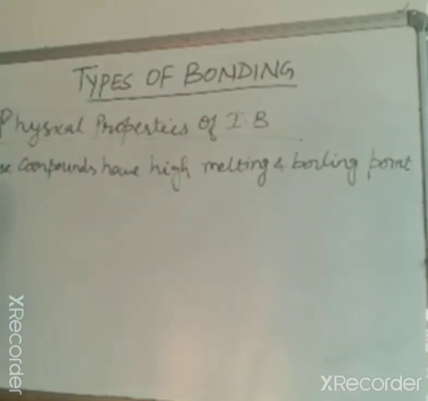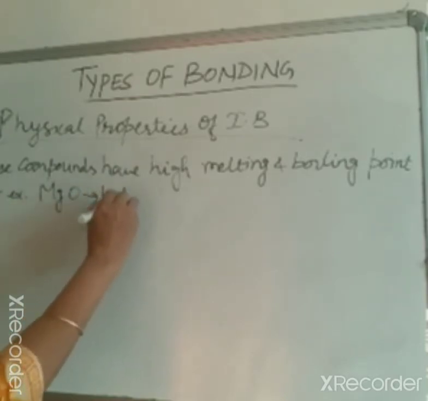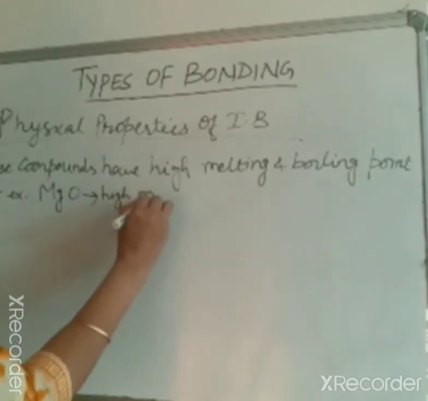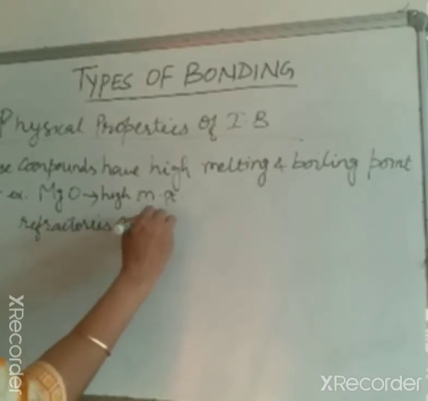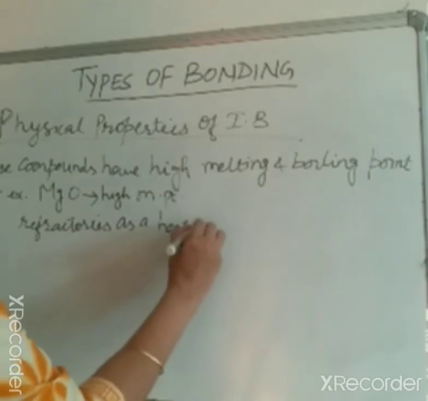For example, magnesium oxide has a high melting point, so that is why it is used in refractories as a heat resistant material.